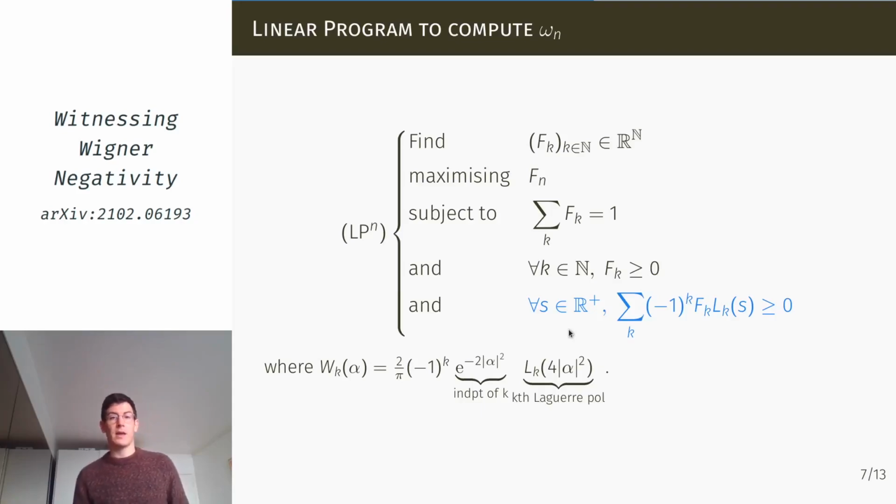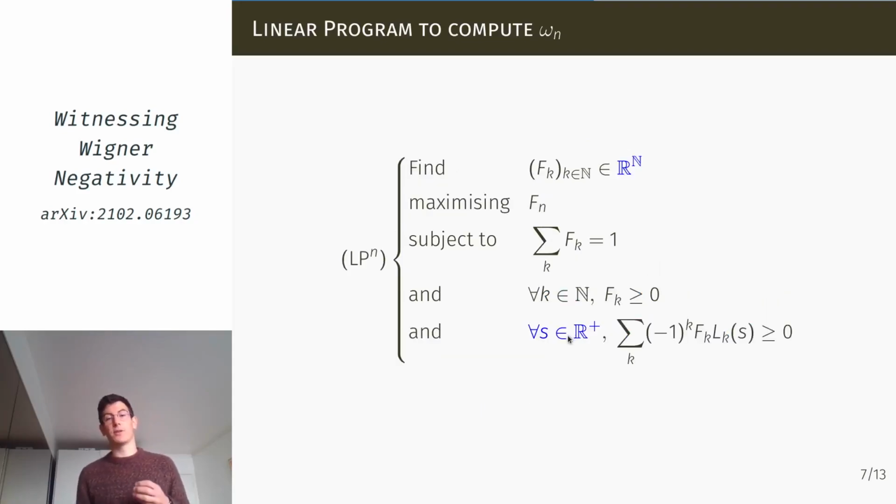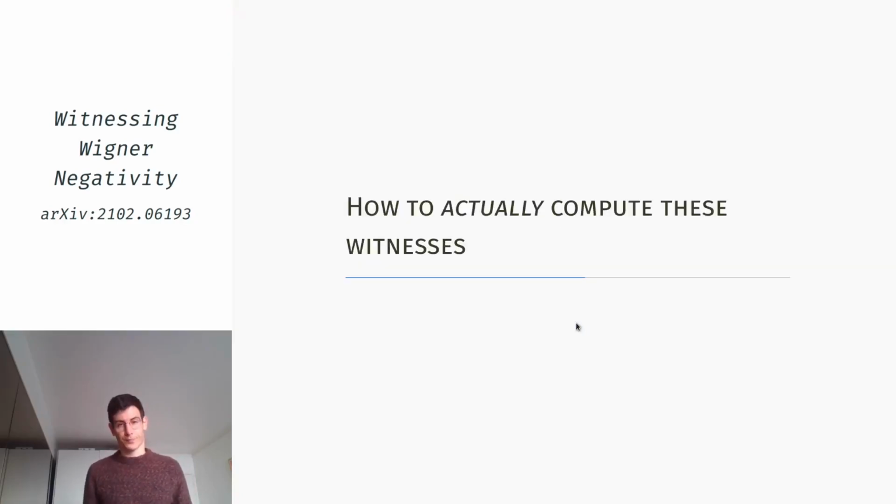Okay, and so this is your program, but your program has a problem, right? It's a linear program, but you're looking for an infinite family of F_k, and you also have a constraint on all R plus. So basically it's an infinite dimensional linear program, and you can't run that on a computer, right?